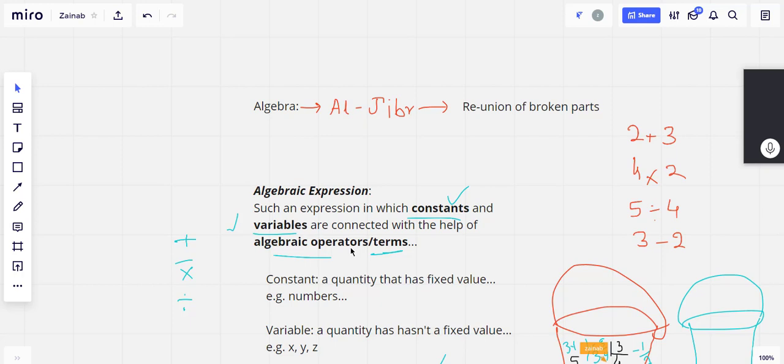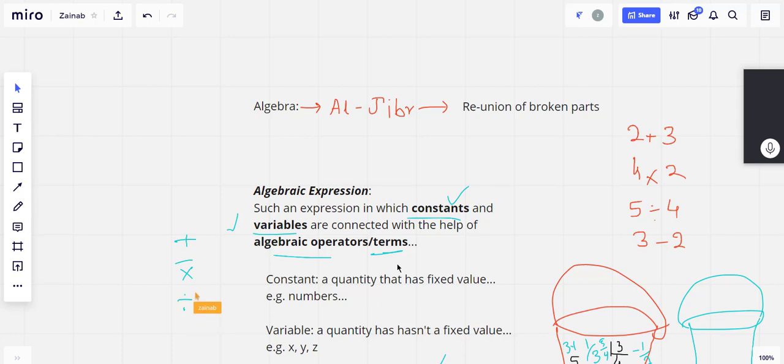No. So the plus, minus, multiply, divide, they are the algebraic operators. Here I wrote it. They are the algebraic operators. And what's a term? A term is, on every plus or minus sign, a term terminates.